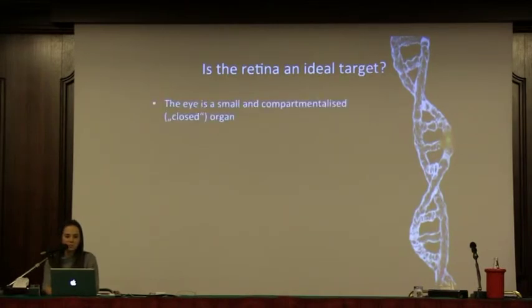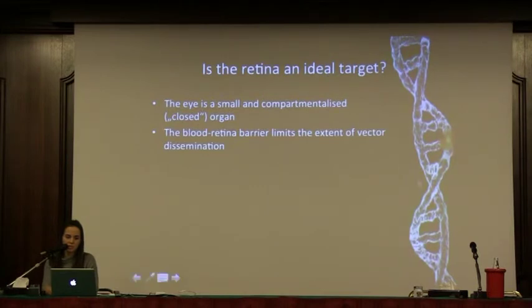It is a small and closed organ because of the blood-retina barrier, which limits the vectors so that they cannot go everywhere in our body. This is a very important fact, because this enables us to treat only one specific cell layer or one specific target cell without having the fear that it might get somewhere else where we don't want it to.